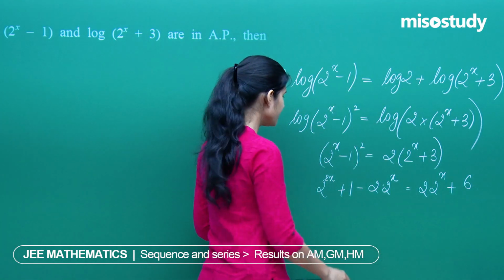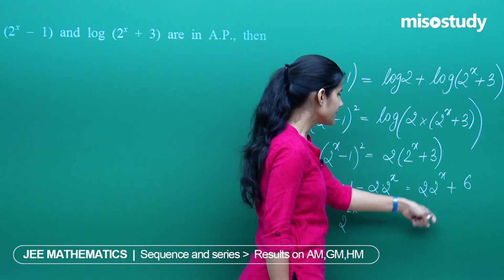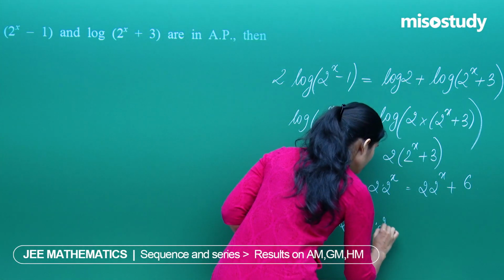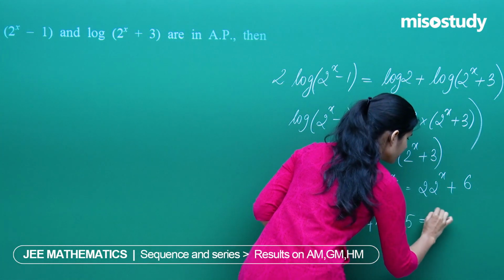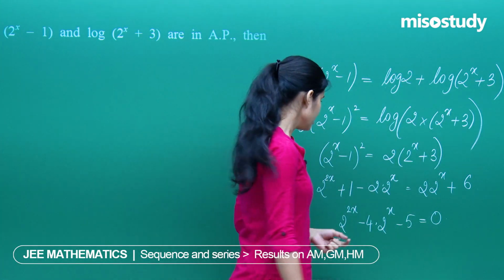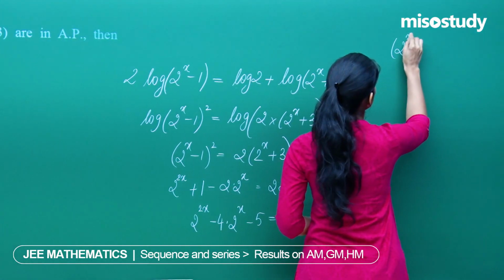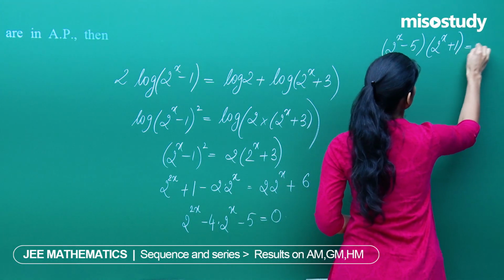So what you are left with is 2 to the power 2x minus 2 into 2 to the power x minus 2 into 2 to the power x, which is minus 4 into 2 to the power x, plus 1 minus 6, which is minus 5. Okay? So from here, when you break the middle term, you get (2 to the power x minus 5) into (2 to the power x plus 1) equals 0.